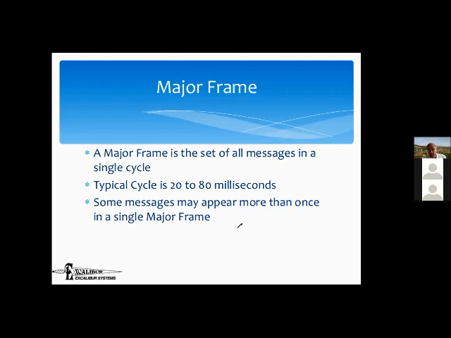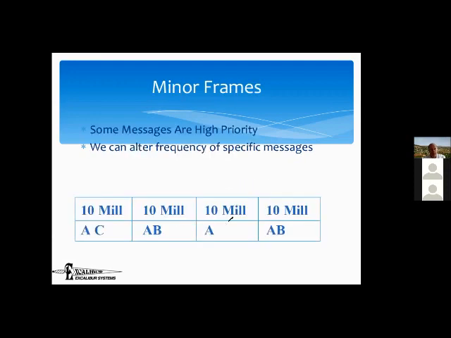And a major frame can have the same message more than once, because it seems unlikely that every message is going to have the same urgency as every other message. So how do we deal with that? Some messages you can call high priority, and another way of putting it is that they're more time critical.